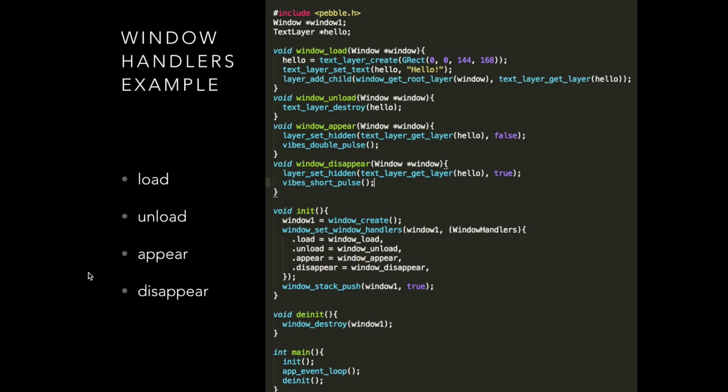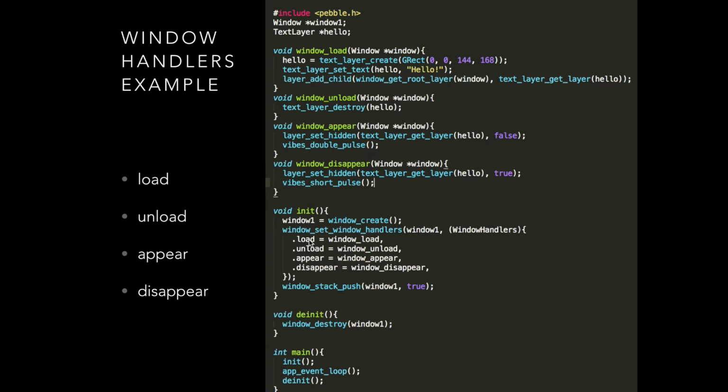So here's an example for each of those. I basically have just a simple handler for each one. You see we set them down here with window set window handlers. Pass in your window, cast it to window handlers, throw it in here, and define all of them. You have to make sure you type these exactly like this.